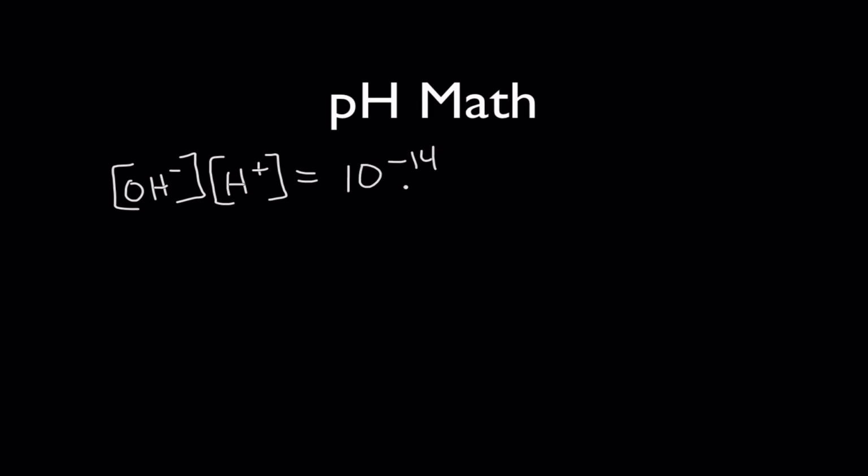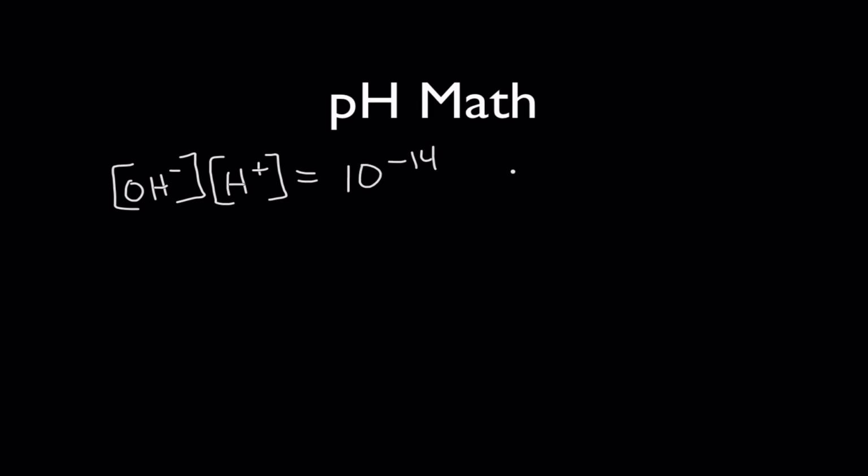Now, the math of pH: what do all these numbers mean? Where do they come from? Well, this all comes from some algebra. What we do know is the concentration of hydroxide ions multiplied by the concentration of hydrogen ions is always equal to 10 to the negative 14.